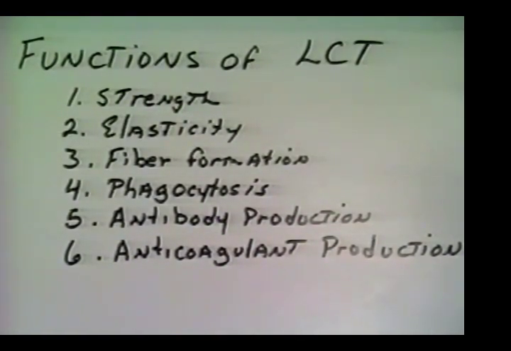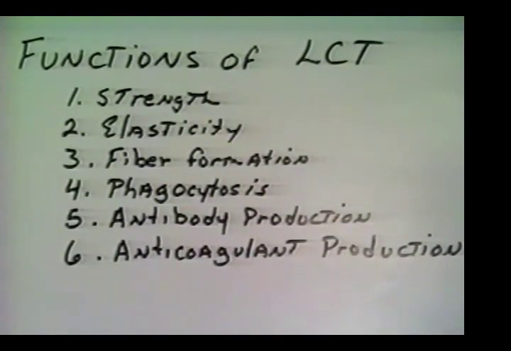The cells that are located in the matrix material produce the fibers. Those cells that do this are called fibroblast cells. The term fibroblast means to make fibers, or fiber maker. Phagocytosis is accomplished by cells called macrophage cells.